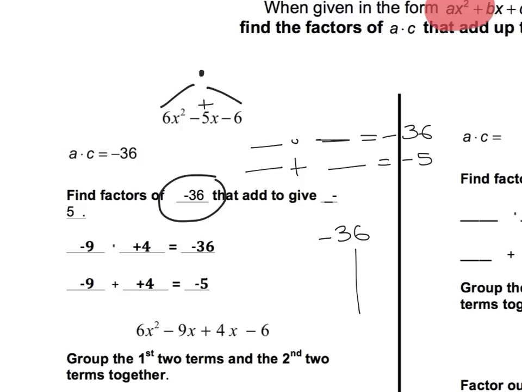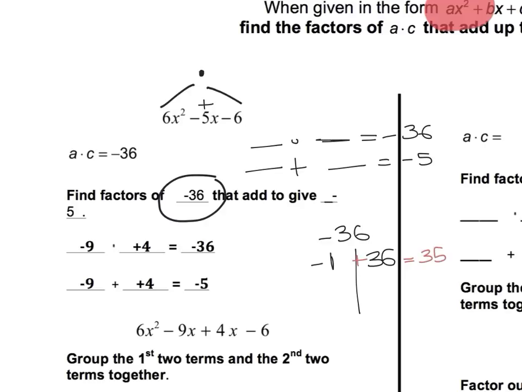So let's start with 1 and 36. Now, 1 times 36 is positive 36, so I need one of them to be a negative. Now, this will multiply to give me negative 36, but I need them to add to give me a negative 5. So let's add negative 1 and 36. That will give me 35.